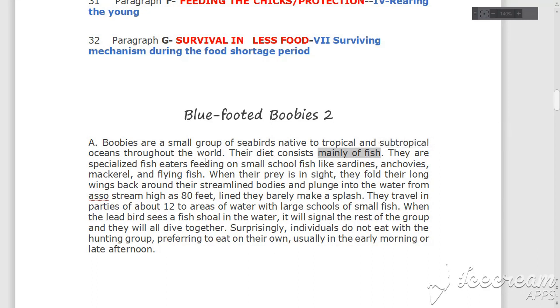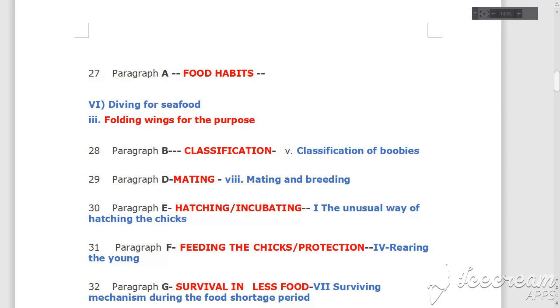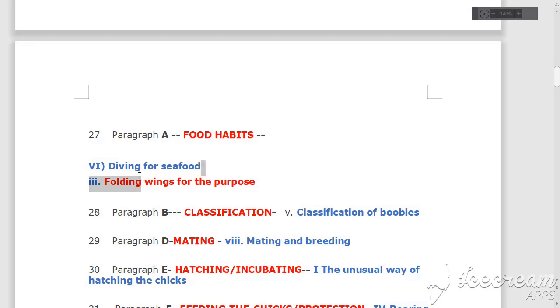And it's clearly mentioned how they dive, in how many numbers, they go in groups, and they give the signal to the rest. So the whole procedure is given. So this will be the suitable answer for this paragraph, option number 6. Okay, so we delete it.